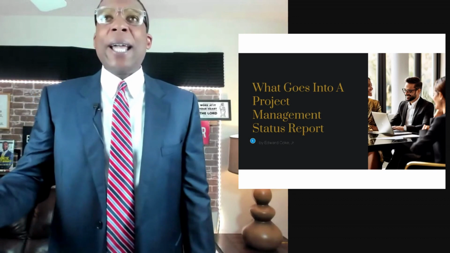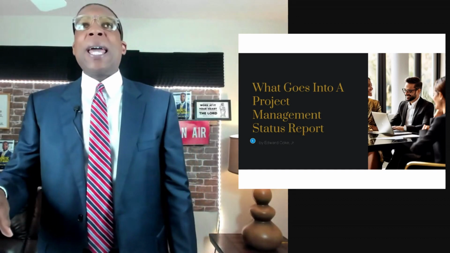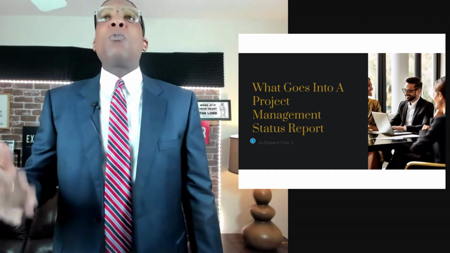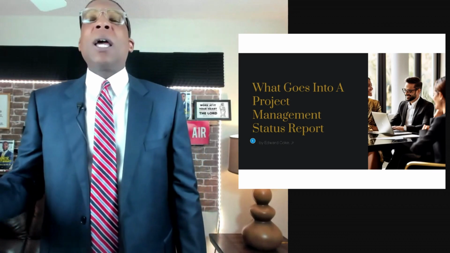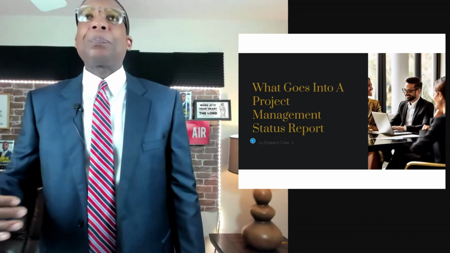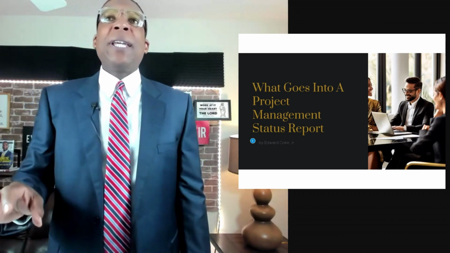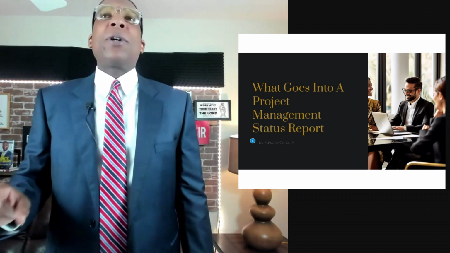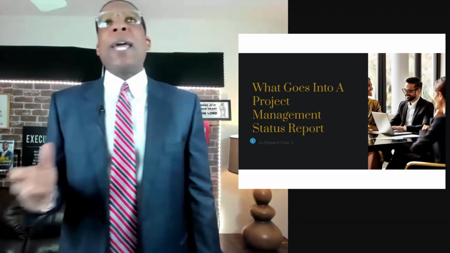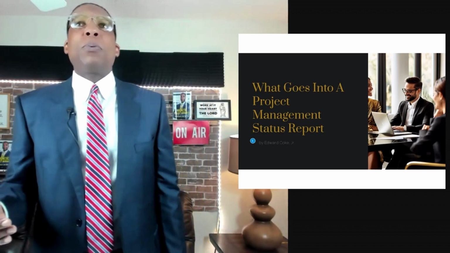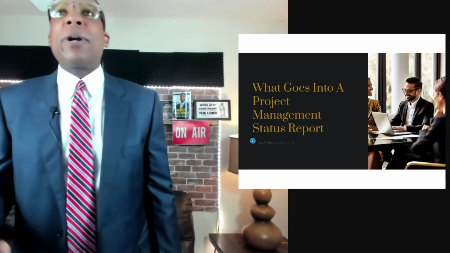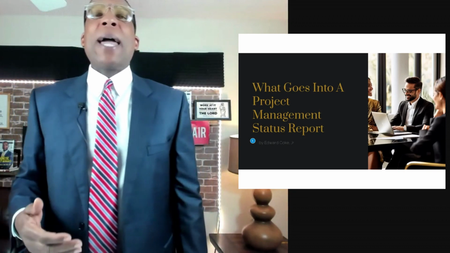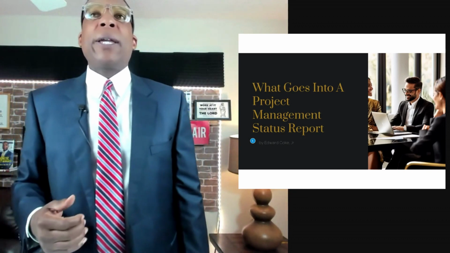Well, an executive report, the one we're going to cover today, is more high level, more of a conversational piece. The team piece of it is more detailed, and yes, it's still a conversational piece, but you put a lot more details in that. And I thought, well, hey, we'll do the executive status report first, and depending on what type of feedback we get, then we'll take it from there.